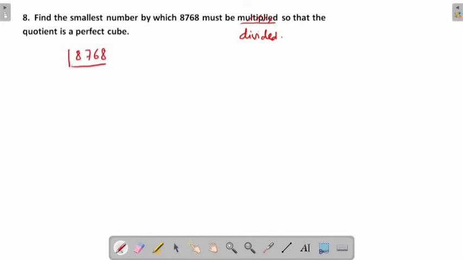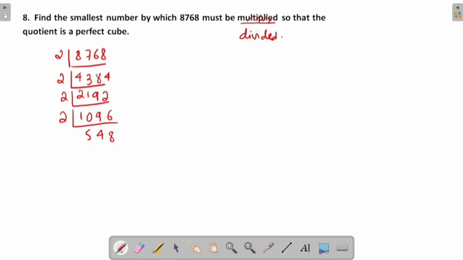Let's factorize it, starting with 2. 2 4s are 8, 2 3s are 6, 2 8s are 16, 2 4s are 8. Again with 2, 2 2s are 4, 2 1s are 2, 2 9s are 18, 2 2s are 4. Again with 2, 2 1s are 2, 2 0s are 0, 2 9s are 18, 2 6s are 12. Again with 2, 2 5s are 10, 2 4s are 8, 2 8s are 16.